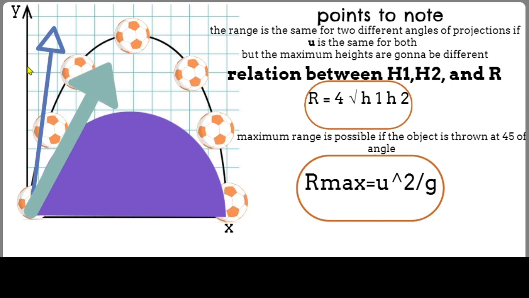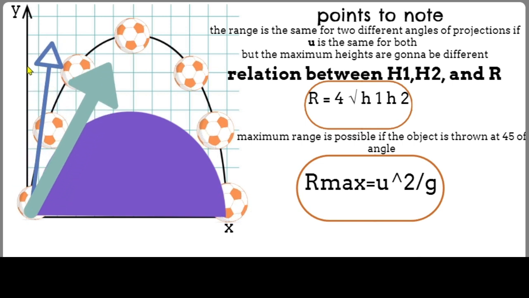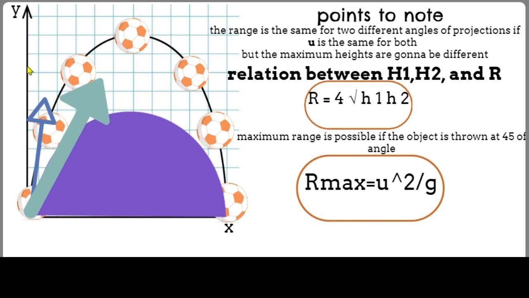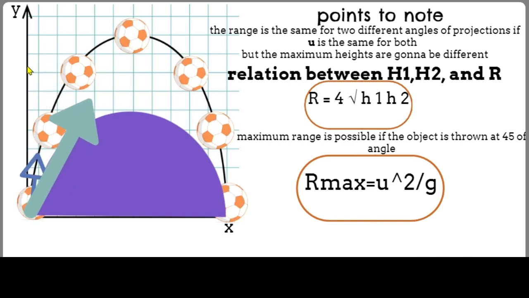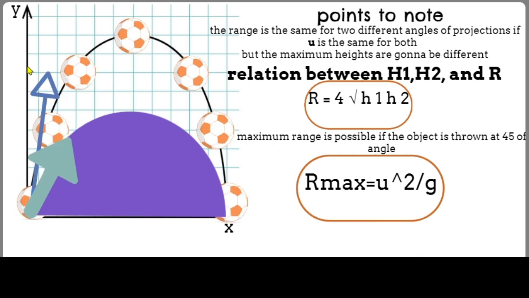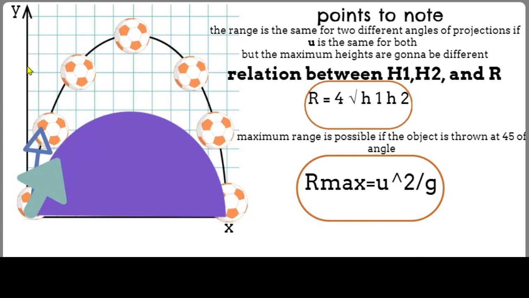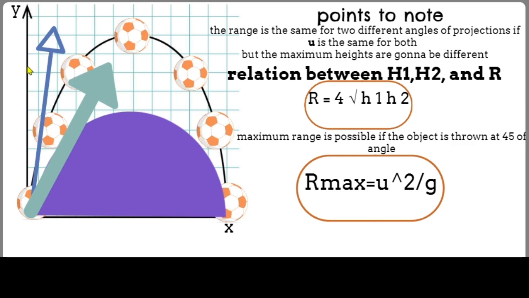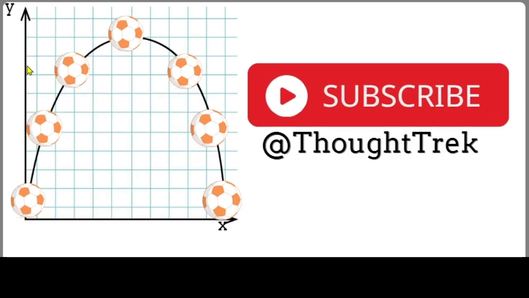So basically he's trying to give a little physics to the thing he's doing. Just like that, we can have a maximum range if we take the particle and throw it at an angle of 45 degrees. That's it.